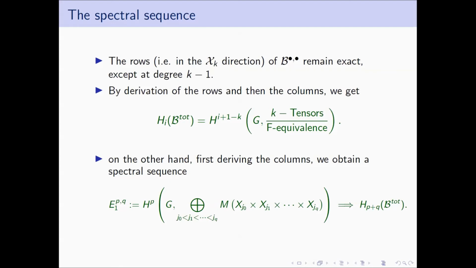And what is that? I remind you, for matrices, these are two matrices divided by the diagonal equivalence that Asaf was speaking about. And for three-dimensional, it would be tensors divided by phase equivalence and so forth. And this is the cohomology. And if i happens to be k minus 1, this becomes the zeroth cohomology of G in this module upon which G acts.